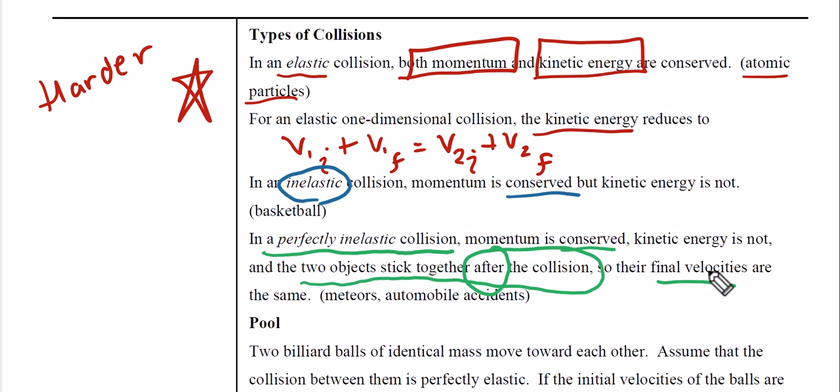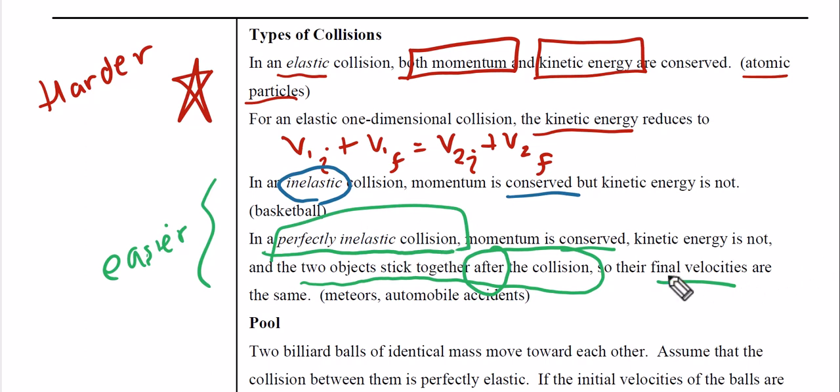So, unfortunately, automobile accidents, if you see one car mangle into another car or a motorcycle, then that's two separate masses that became one mass, and they had a final velocity because they were one giant mass. Okay? These tend to be our easier ones, relatively speaking. And personally, I like perfectly inelastic because you have fewer variables to deal with. You have the same final velocity.